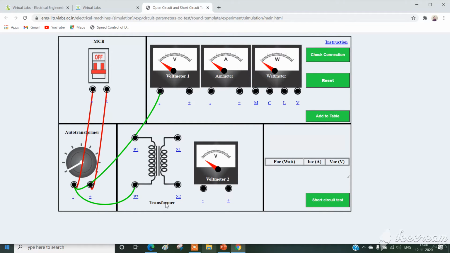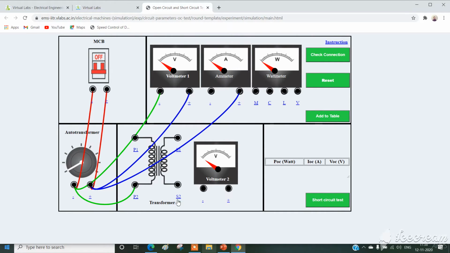From the auto transformer positive terminal we connect to voltmeter 1 positive, and another terminal from auto transformer positive is directly connected to ammeter positive. So this is the connection corresponding to the auto transformer.